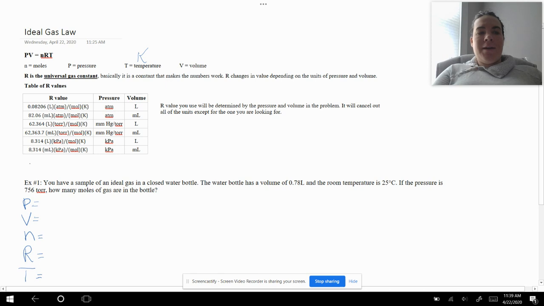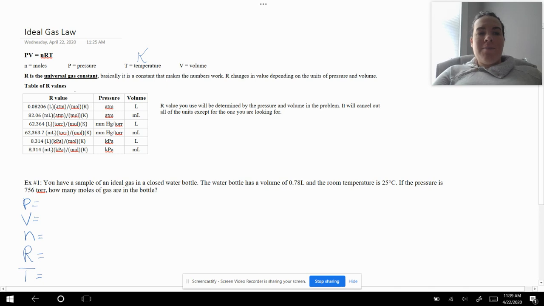We've got a table down here that's called the universal gas constant. And we have a bunch of them because R is basically just a number that makes this equation work. So we're allowed to change our pressure and volume units. Temperature will still be in Kelvin, but whatever values we use, we just pick the appropriate R value.